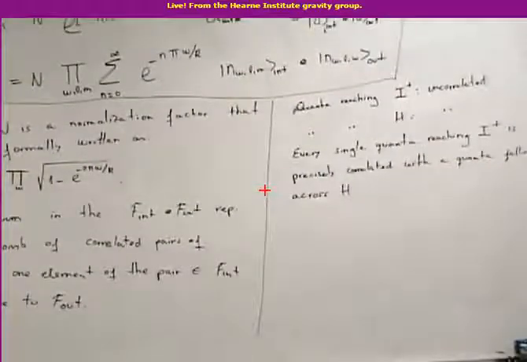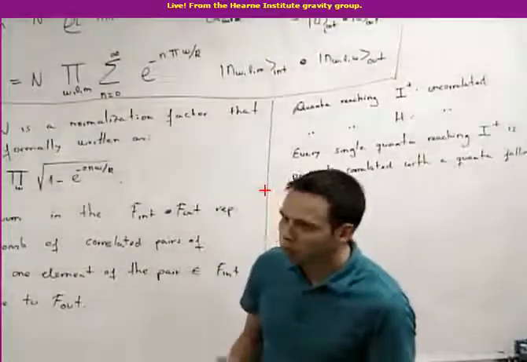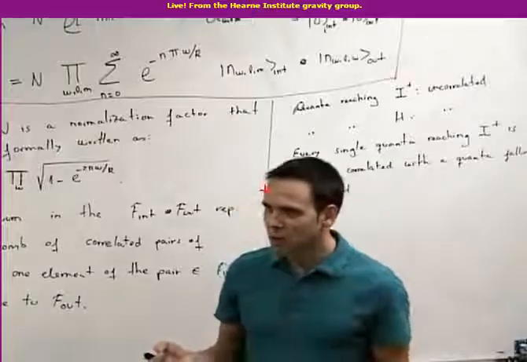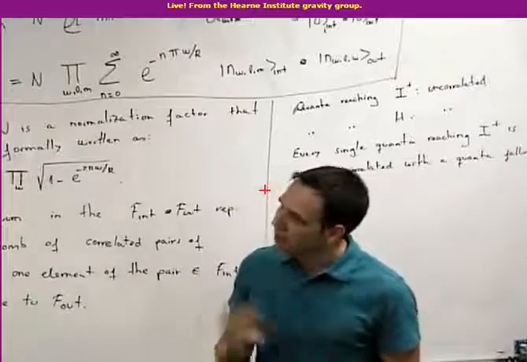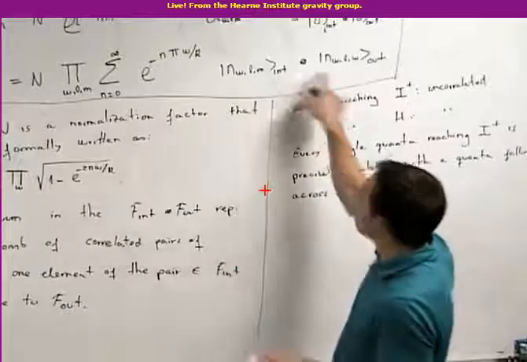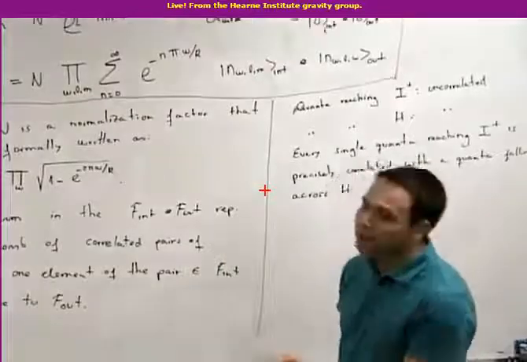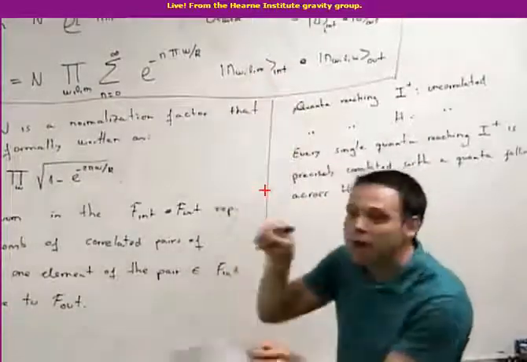Remember that in the horizon there is really no preferred choice of basis. Had I chosen a different basis in the horizon for the in modes, I wouldn't have obtained this clean one-to-one correlation. But I choose that basis that makes these correlations just one-to-one.